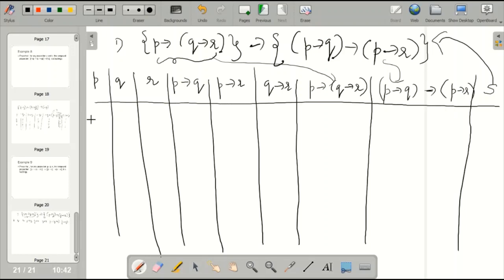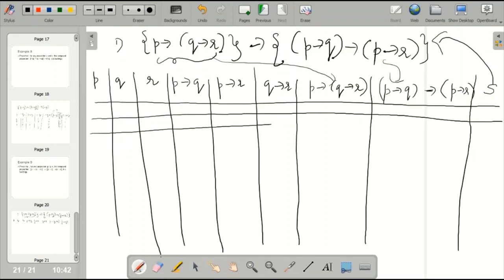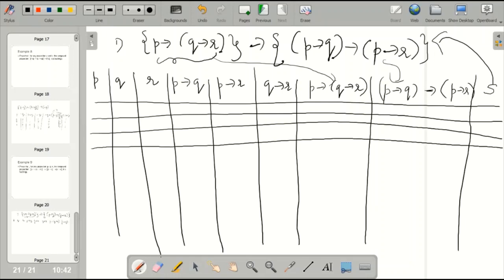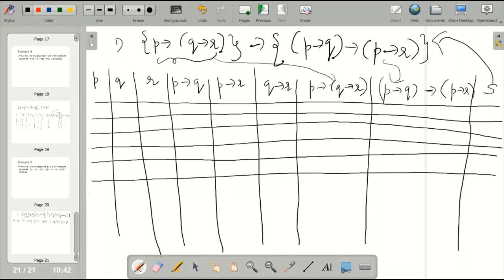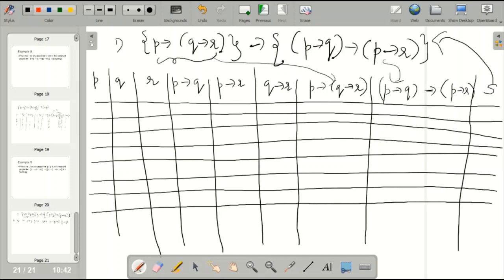Rows 1, 2, 3, 4, 5, 6, 7 and 8. We'll place the values: 0 0 0 0 1 1 1 1.